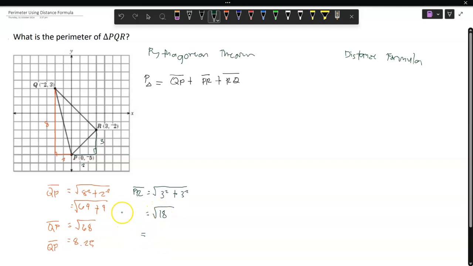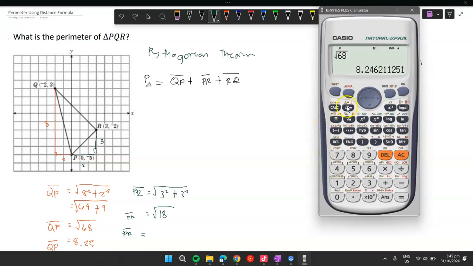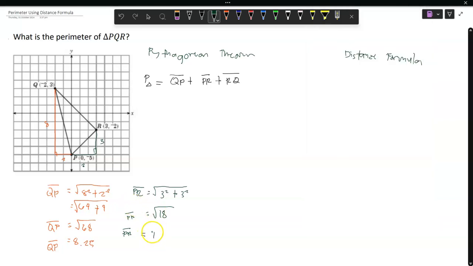So my PR actually measures how much? Let's grab the calculator. That is just square root of 18, and that gives us 4.24. So this is just 4.24.